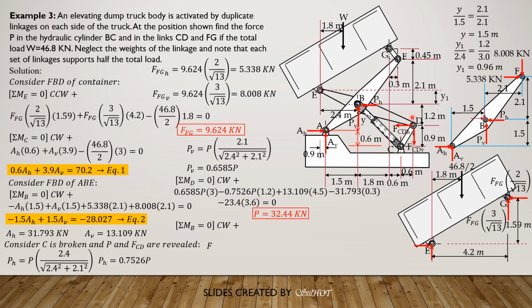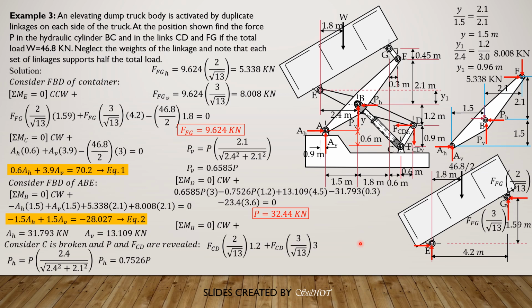Then, having found P, let's now solve for FCD. This time we sum up moment about B equals 0. So clockwise as positive, FCDH is clockwise, FCDV is also clockwise. So FCDH is the horizontal component of FCD. This is 0.6, 0.9, so we can reduce that to 2 horizontal, 3 vertical.